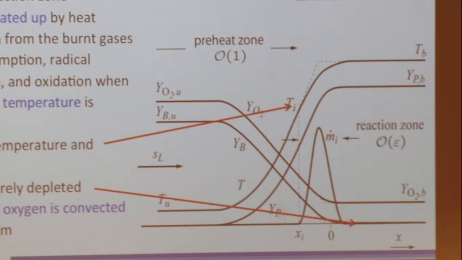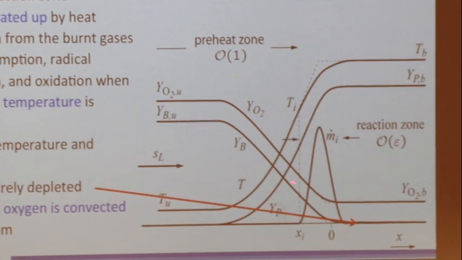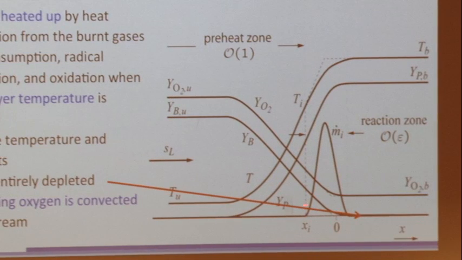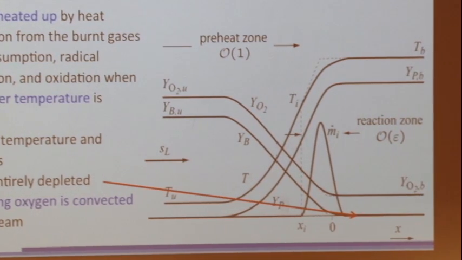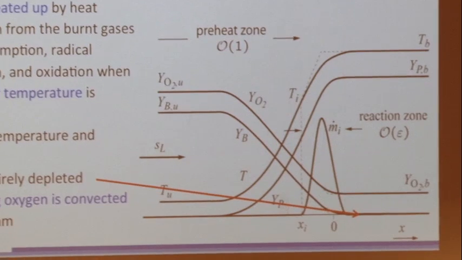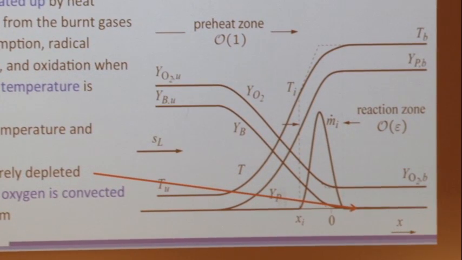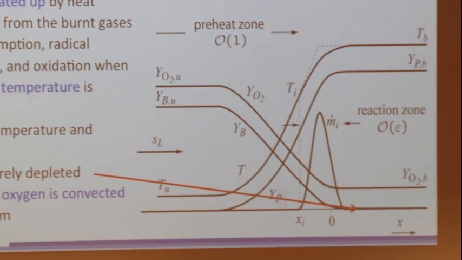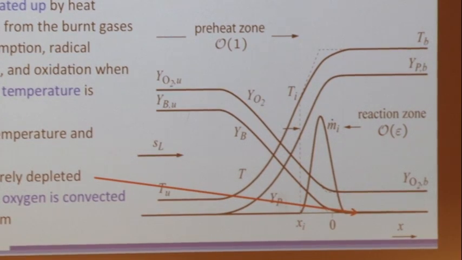And then whatever is left over, fuel is usually entirely consumed. Whatever's left over from the oxygen is then just convected downstream. I mentioned last time, for lean flames, you have oxygen left over. For rich flames, you don't have oxygen left over. In the limit of a one-step global reaction, you would have fuel left over. But in real life, the fuel is always converted to CO, and then the CO and hydrogen would be left over here.